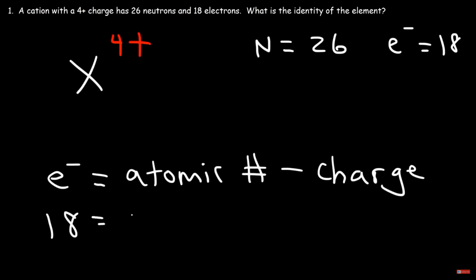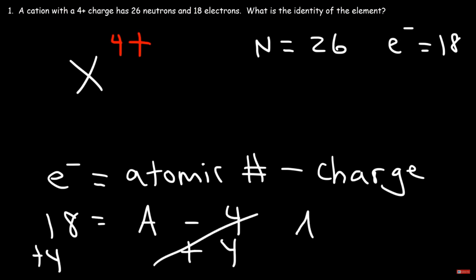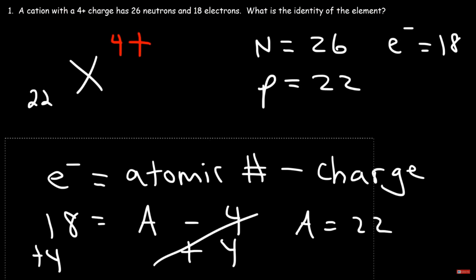So there's 18 electrons, and I'm just going to write A for atomic number, and the charge is positive 4. So this becomes A minus 4. So we need to add 4 to both sides, and so the atomic number is 22. And the number of protons is equal to the atomic number, which is 22.